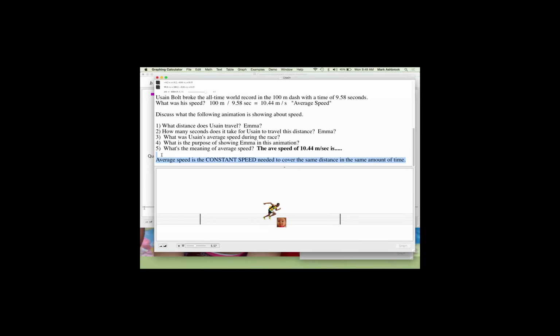When you do this delta D over delta T, you just get one number. That has to be a constant speed then, covering 10.44 meters every second. But we know he didn't run at a constant speed. So it must be like his average speed is like the constant speed of another runner who runs the same distance in the same time. That's going to be our meaning for average speed. It's not adding up a bunch of speeds and dividing by the number of speeds. It's an equivalent constant speed to achieve the same distance in the same time.